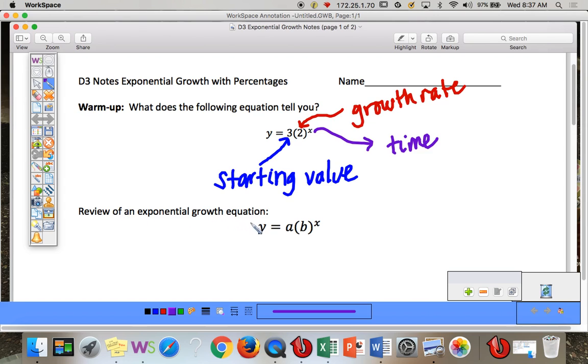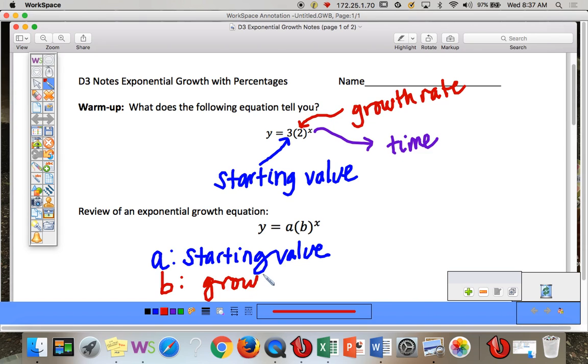So to review an exponential growth equation, you have a as the starting value, the first number, b is your growth rate, and then again, x is usually some sort of time.